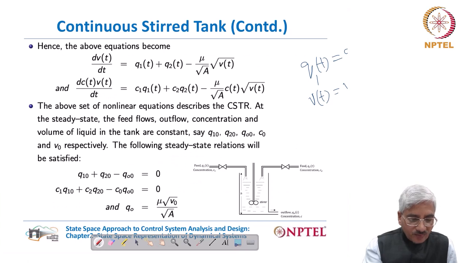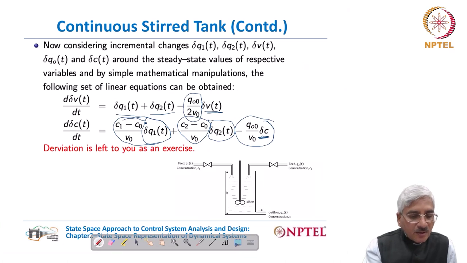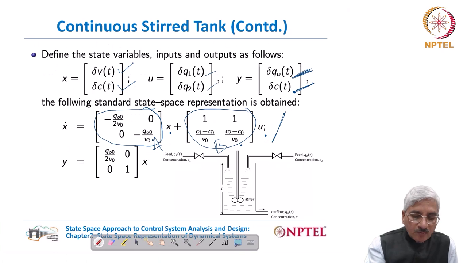So delta QO we got expressed. I'm sorry, I'm not getting the expression here, but delta QO is QO0 by 2V0 into x1. And the concentration delta C is the other output. So delta C is the second state itself here, so we get a 1 here.